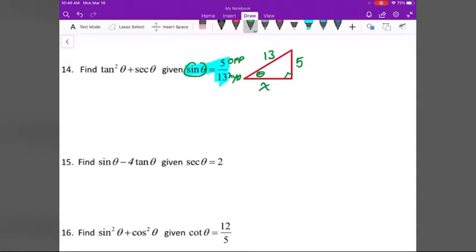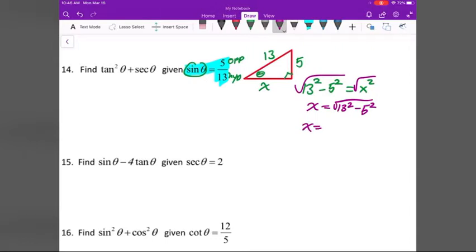So I'm going to use the Pythagorean theorem again to find that missing side since it's a right triangle. So hypotenuse squared minus the other leg squared equals our missing leg squared. Square root both sides. So our missing leg is equal to the square root of 13 squared minus 5 squared. So we keep going.